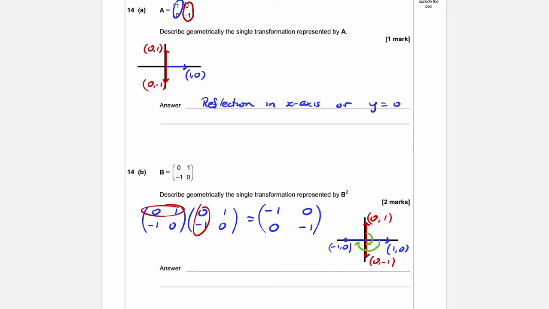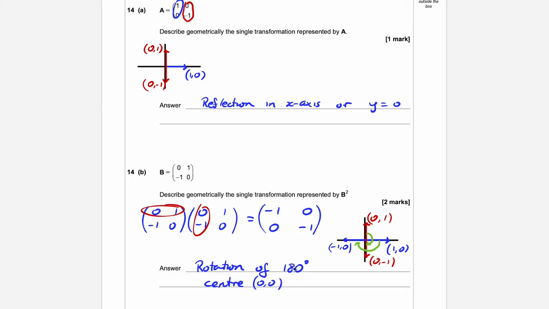So it is a rotation of 180 degrees. The direction actually doesn't matter, because 180 degrees is the same clockwise or anti-clockwise, but you do need the center 0, 0.